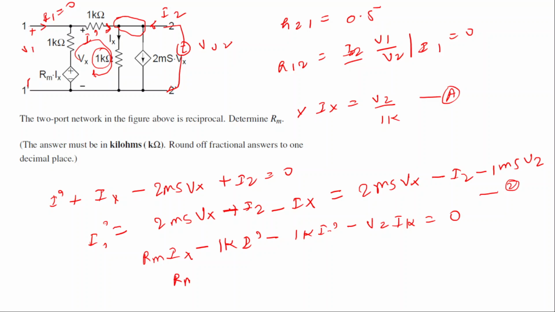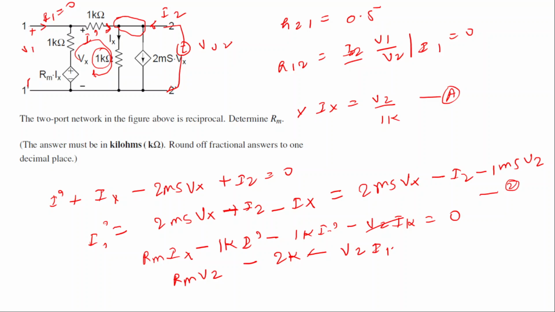So Rm times V2 minus 2K minus V2 times Ix, just wait, no, this is wrong.